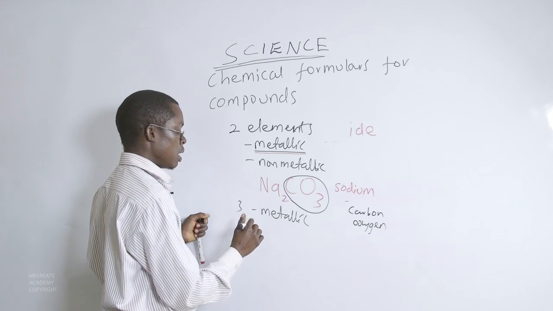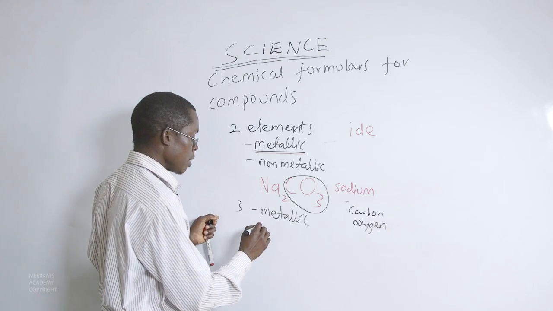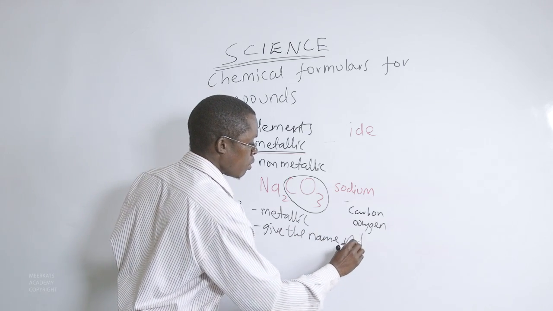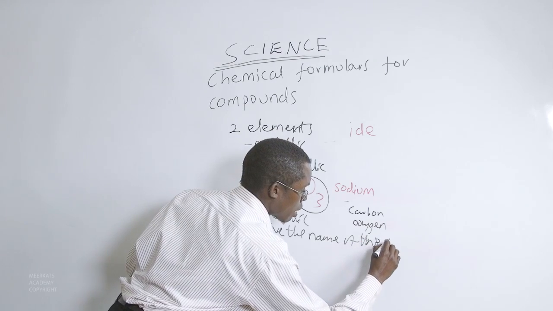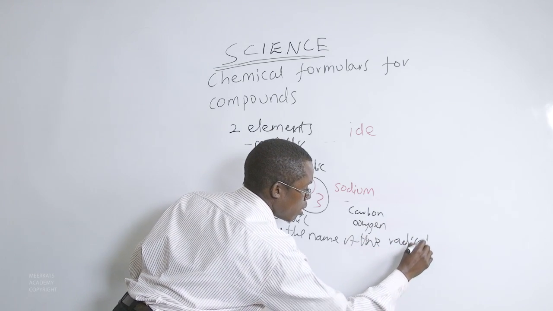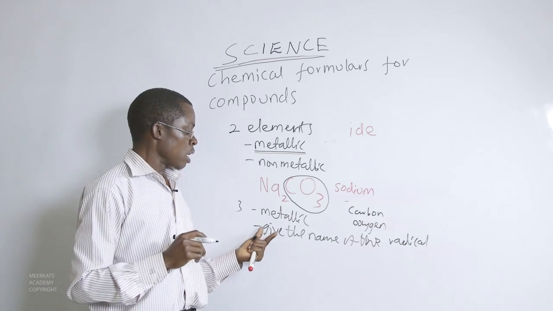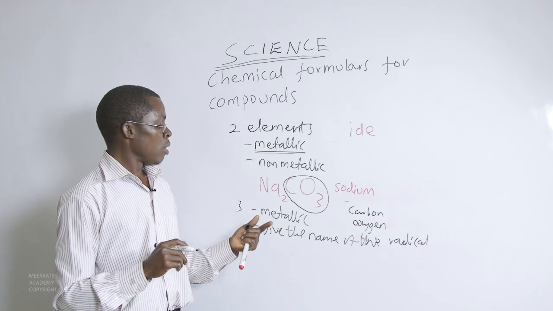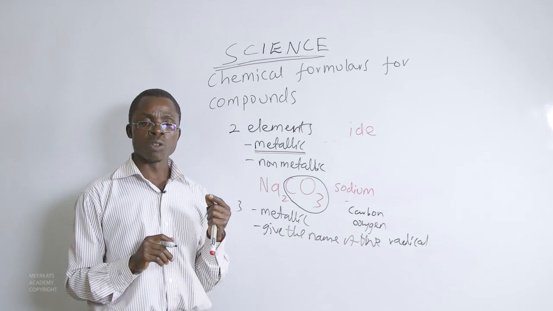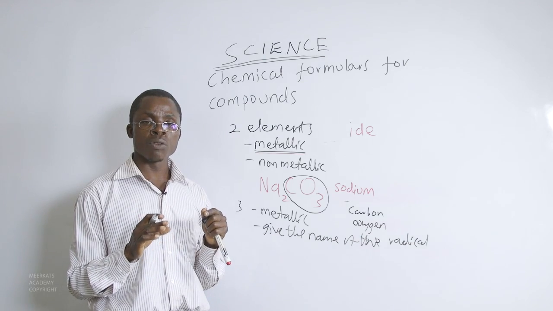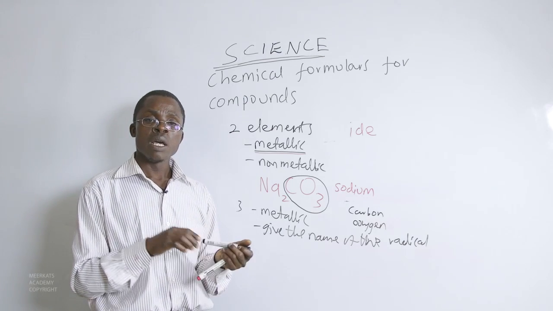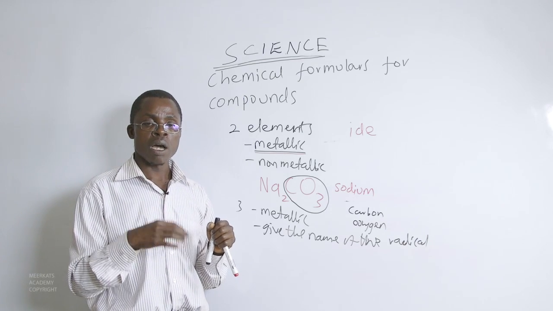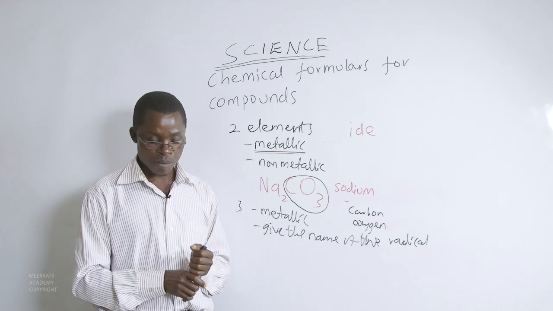Then for the second part, you give the name of the radical in that formula. So in all the formulas we are going to look at, the first thing we have to do is identify the metallic element present and the radical present in that formula. After that, we can come up with the name.